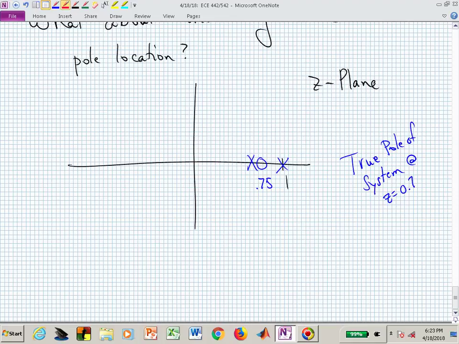Here, you were told the pole was at 0.75. Oh, the true system really wasn't. It had a pole at 0.7. Now you're saying, well, I'm fixed with the controller that I designed based on what you gave me, but what's going to happen in the true closed loop controlled system? You can tell us by sketching the root locus. Where are the potential closed loop poles?